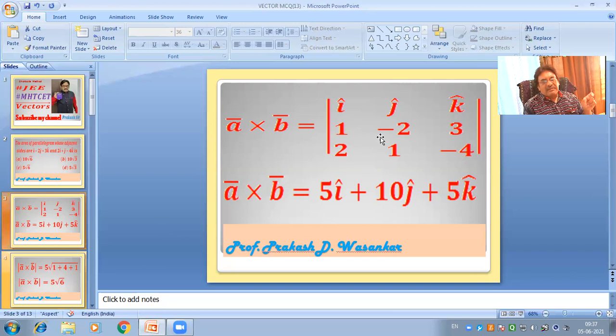Here we evaluate the determinant, which is of order 3 by 3. We know the process for evaluating a determinant of order 3 by 3 from 10th and 11th standard. So i times the determinant of minus 2, 3, 1, minus 4: minus 2 into minus 4 is 8, minus 1 into 3 is minus 3, 8 minus 3 gives 5, so 5i.